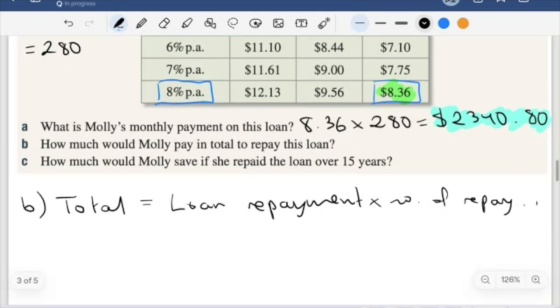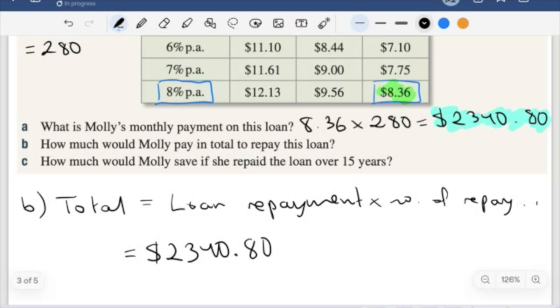We found the loan repayment in part A, $2,340.80, and now we want to find the number of repayments.